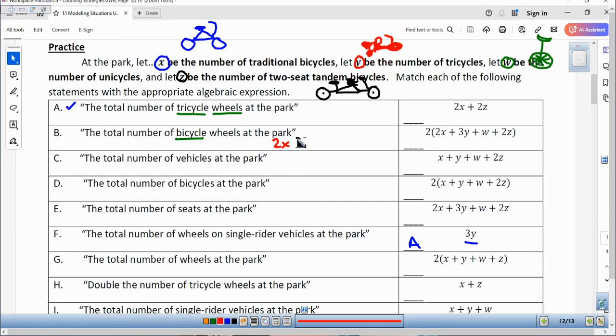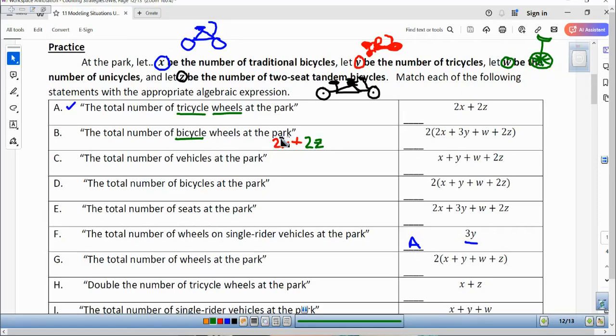And then there's more. Beyond these wheels from the traditional bicycles, there's also the wheels that belong to these 2-seat tandem bicycles. Because even though they're different types of bikes, they still are bicycles. And that would be 2 wheels for every one of those, too. 2 wheels for every, and this is represented by the letter Z, or the variable Z. We should get in the habit of calling them variables now.